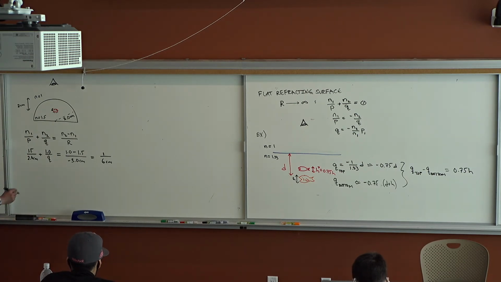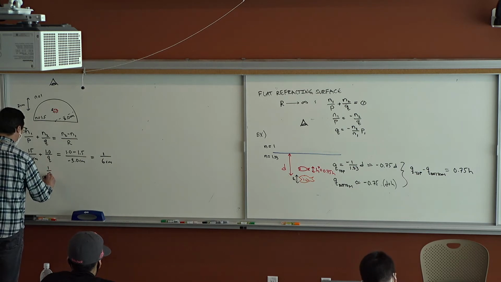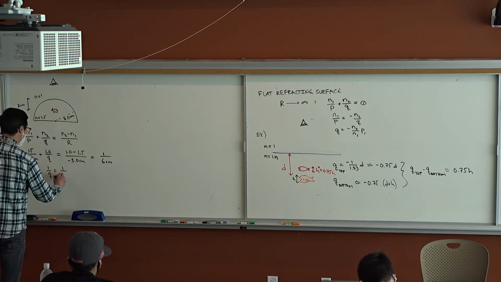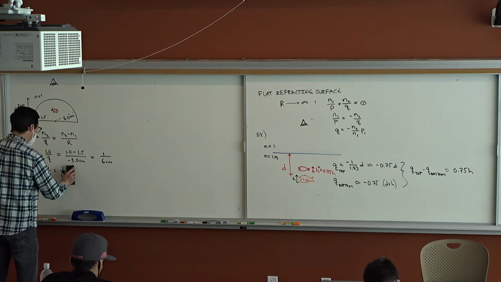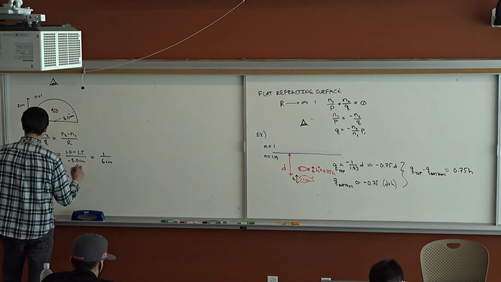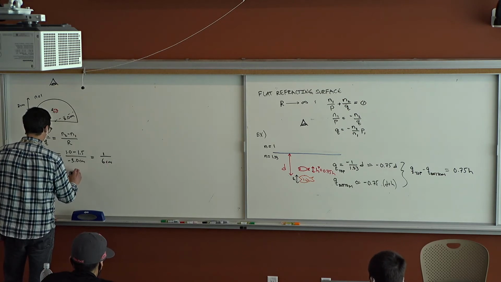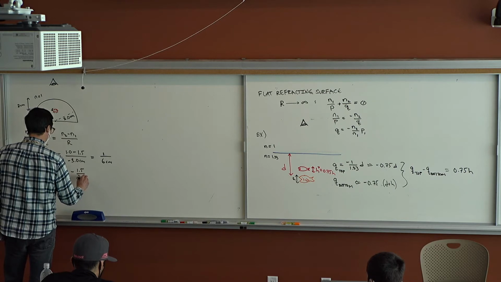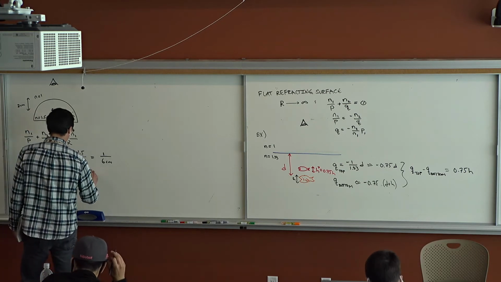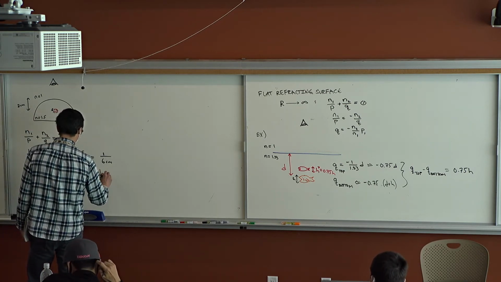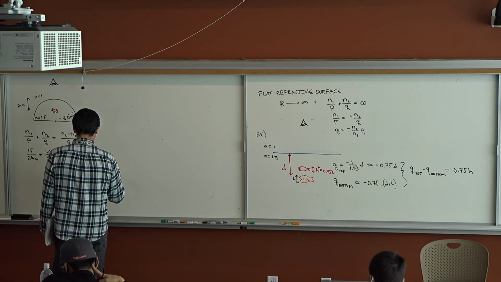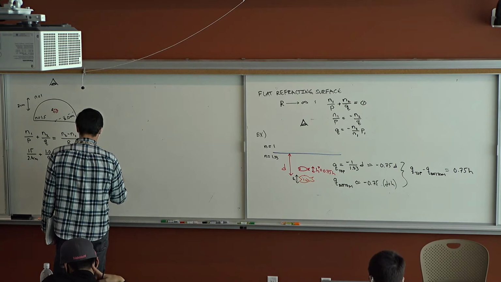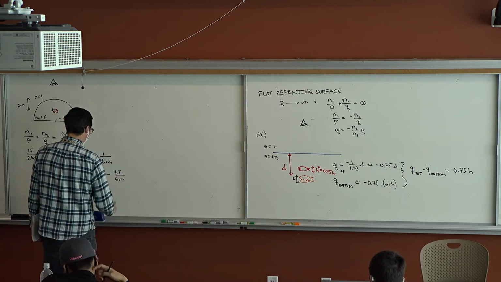So then 1 over q is equal to 1 over 6 centimeters minus 1.5 over 2 centimeters, which is the same as 1 over 6 centimeters minus 4.5 over 6 centimeters.